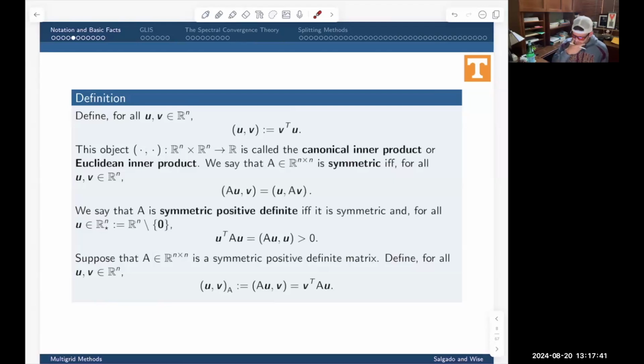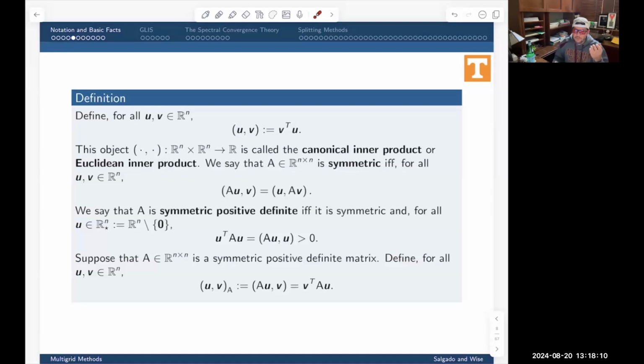This usage doesn't matter from the point of view of real vectors, but it matters for complex vectors. But I'm being a stickler about it in any case. So if I put u here and v here, then when I define this object, u comes second. So that's just something to keep in mind. That's the same notation that we use in the purple book. So this object is what we call the canonical inner product.